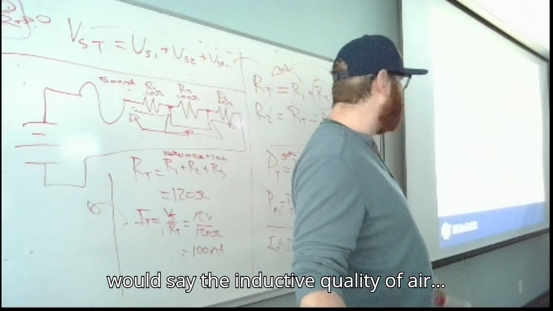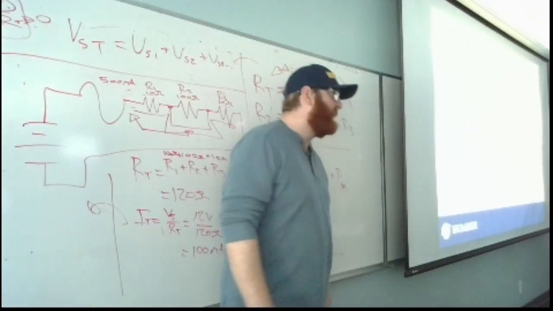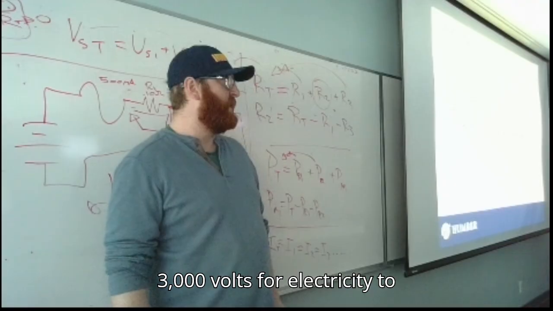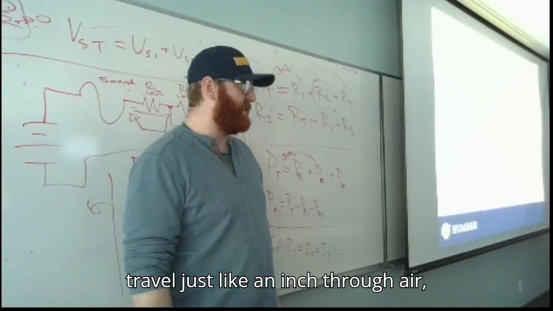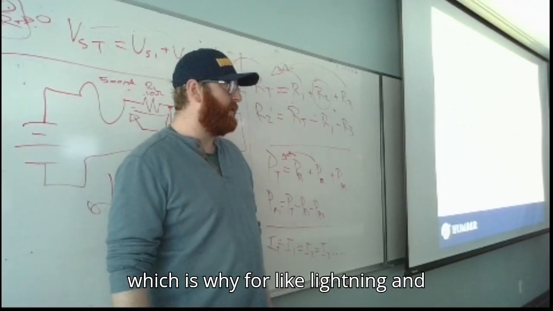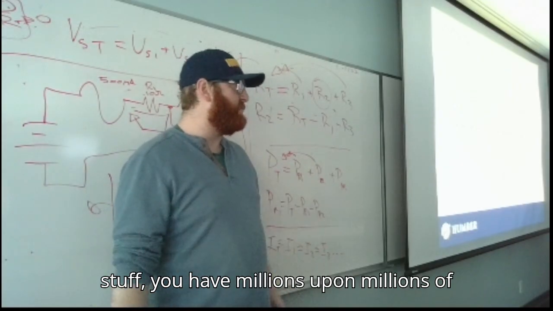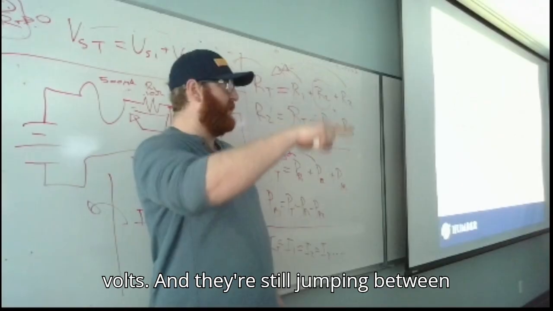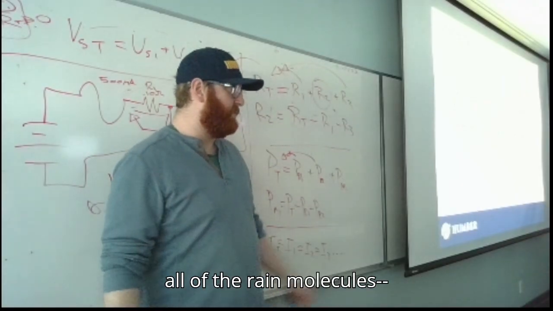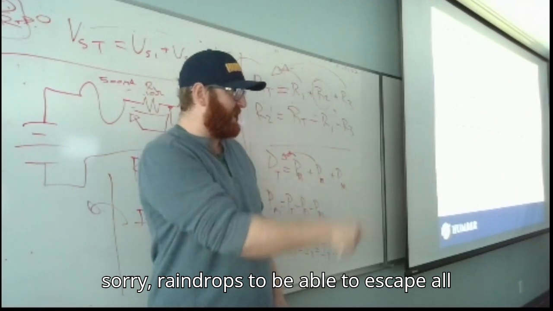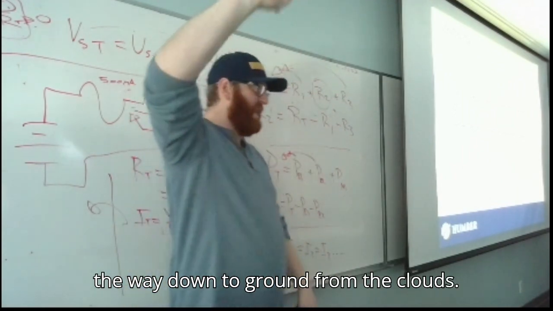I would say the insulating quality of air is absolutely enormous. You need like 3,000 volts for electricity to travel just an inch through air, which is why for lightning you have millions upon millions of volts, and they're still jumping between all of the raindrops to be able to escape all the way down to ground from the clouds.